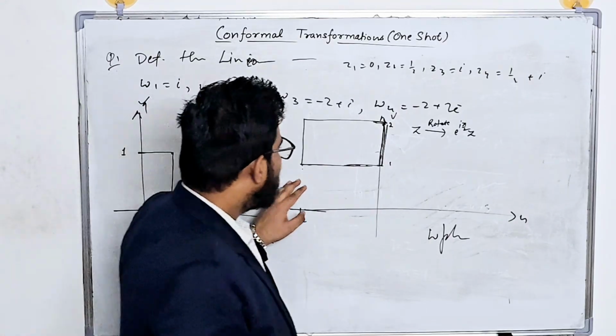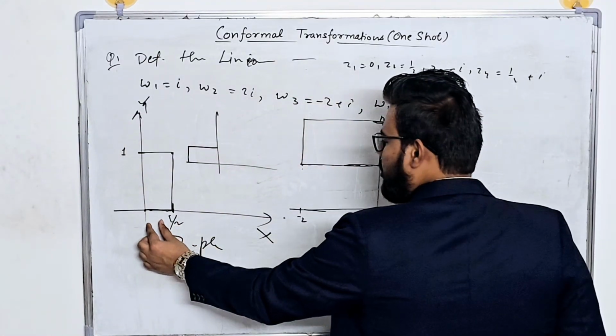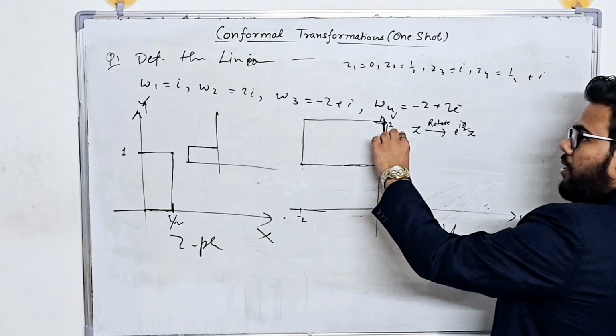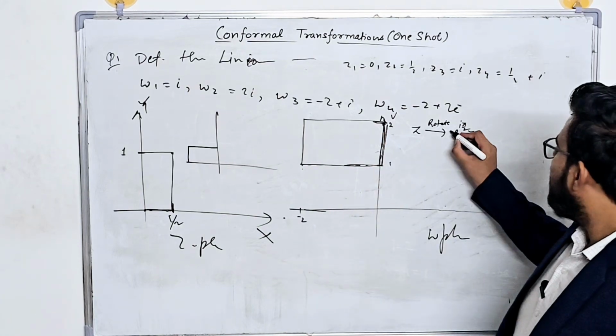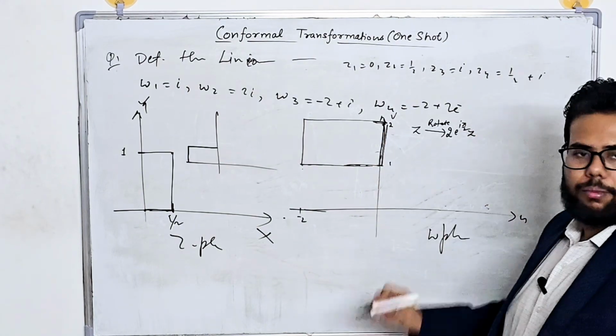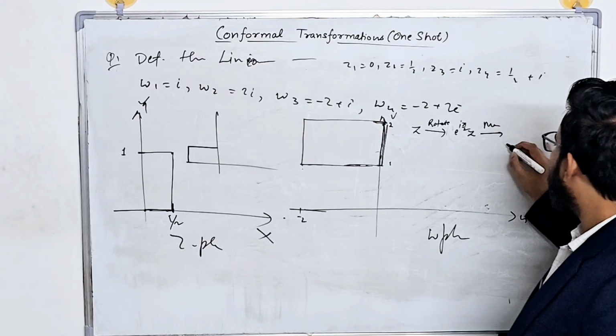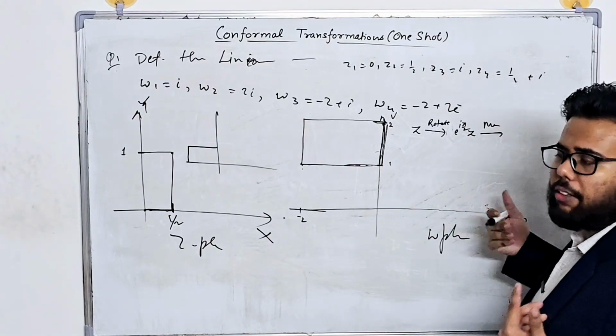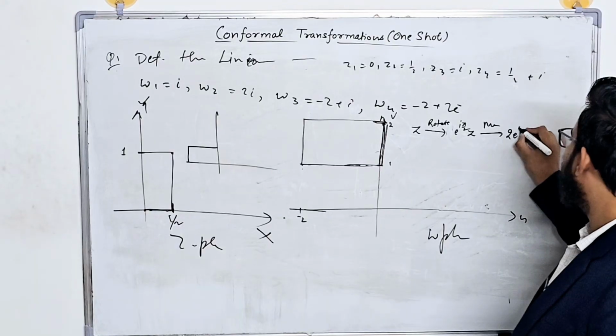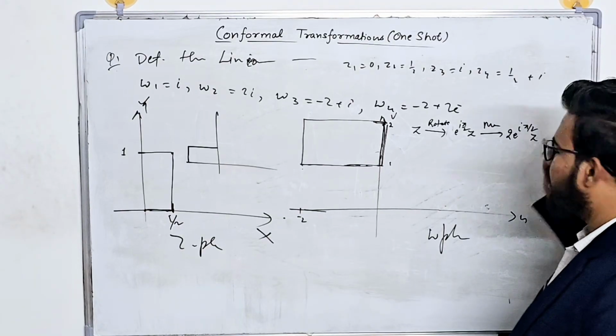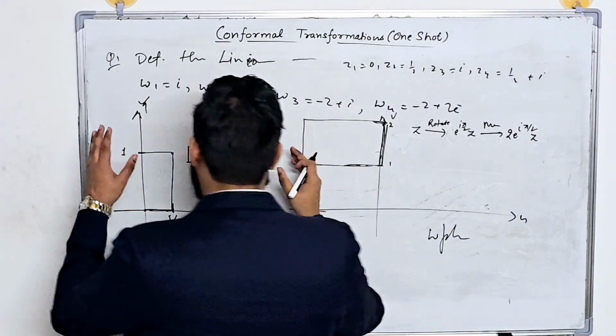Somewhat like this. Now we know that this length is equal to 1 by 2 and this is 1, which means that we have to multiply this by 2, right? So we will magnify it, that is we will use magnification. So here 2 into e to the power i pi by 2 into z, right? So it will get magnified.